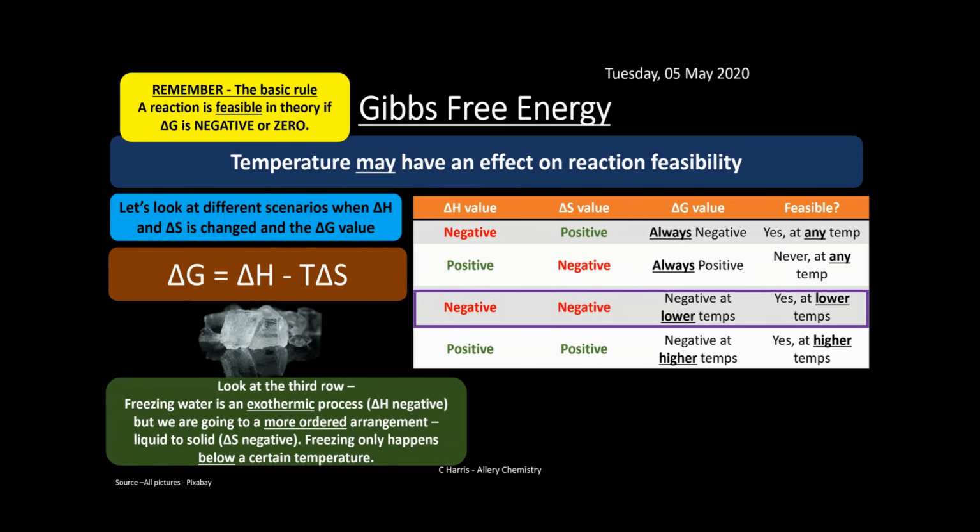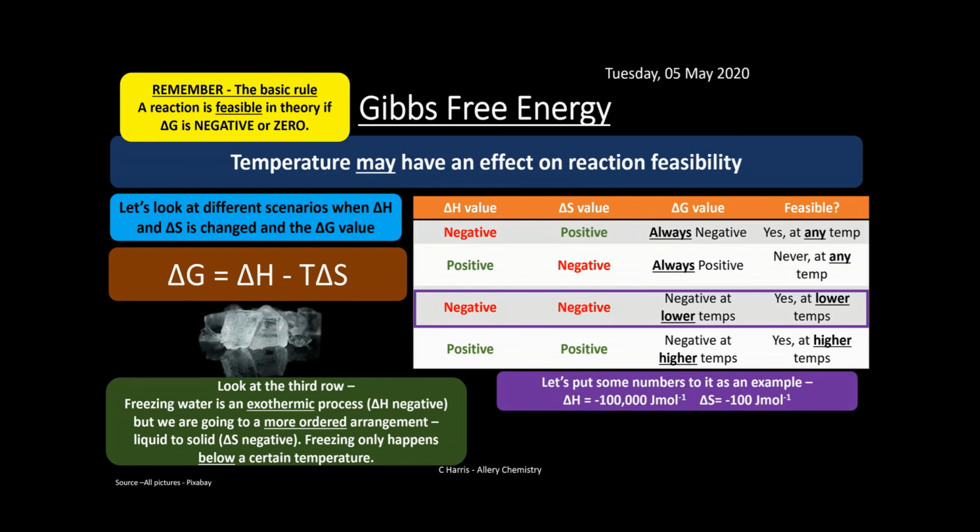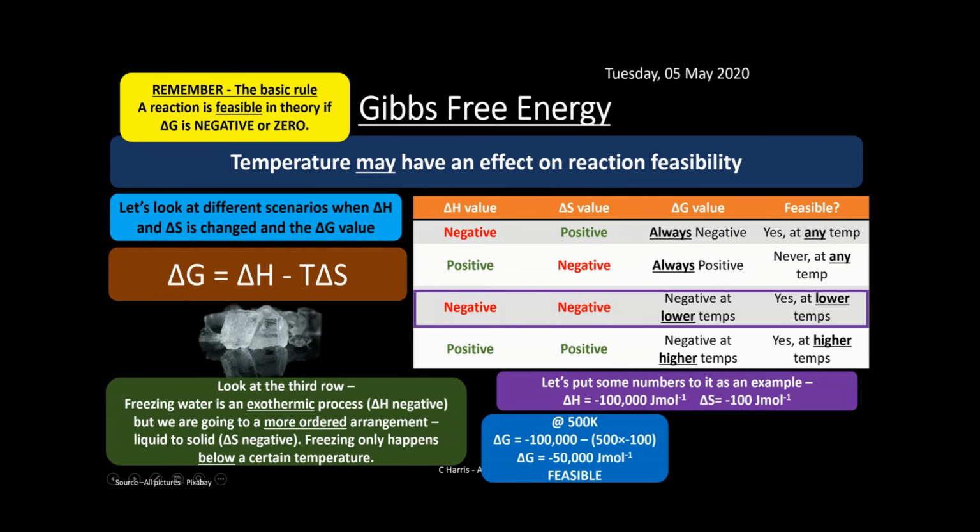A good example, like I say, is ice. Let's put some numbers into it just to show you as an example. If delta H, the enthalpy side, is minus 100,000 joules per mole, and delta S is minus 100 joules per mole per Kelvin, then at 500 Kelvin, putting it into this formula, we get minus 100,000 minus 500 times minus 100, so delta G is minus 50,000 joules, and therefore it's feasible because that's a negative value.